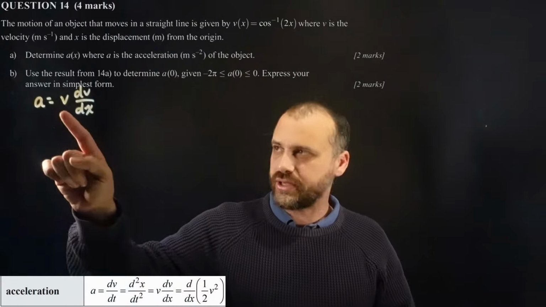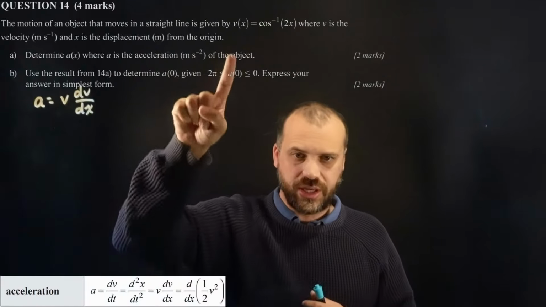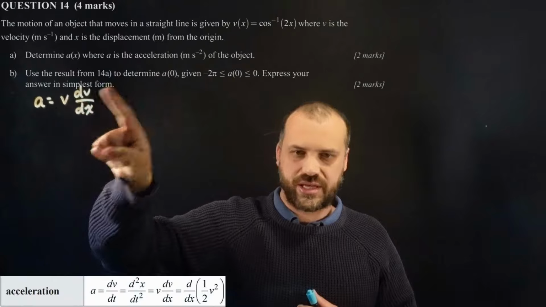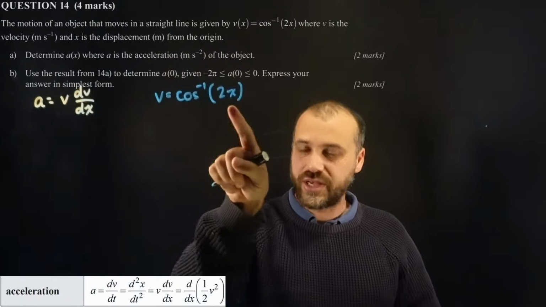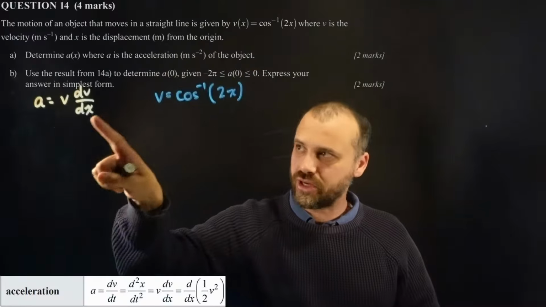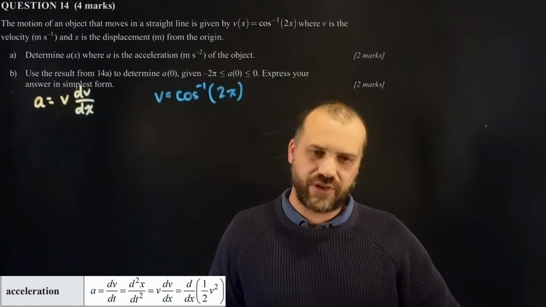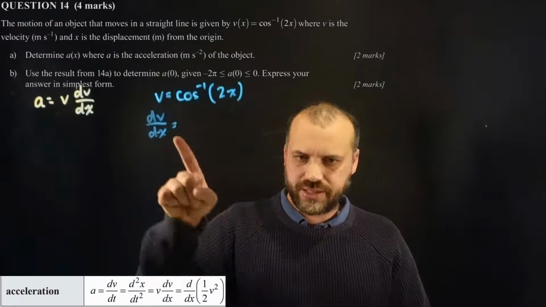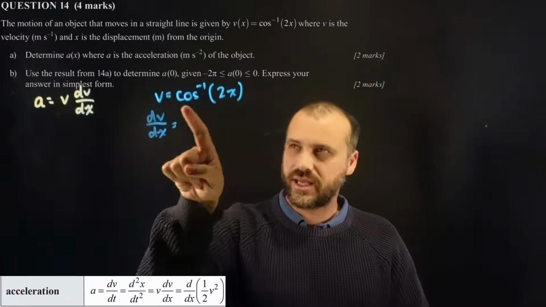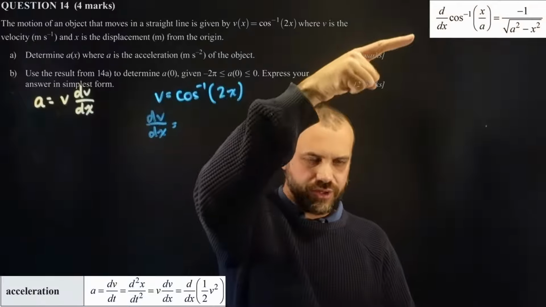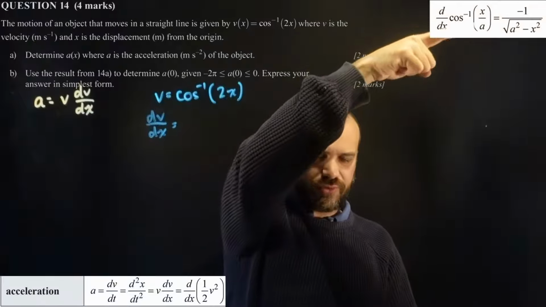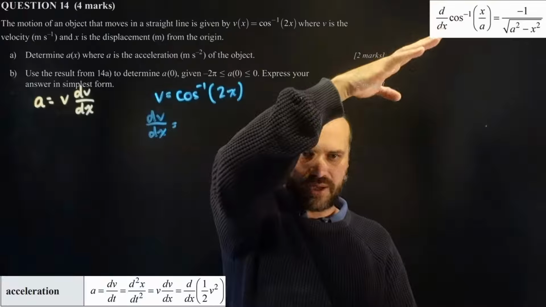Now, the reason I like v dv/dx for this question is because I know what v is. V is this right here. So not only do I know what v is, I shouldn't have too much trouble figuring out what dv/dx is either. The reason is that v is inverse cos, and it's on the formula sheet. All right, so the derivative of inverse cos, we've got a known way of going about that, right?